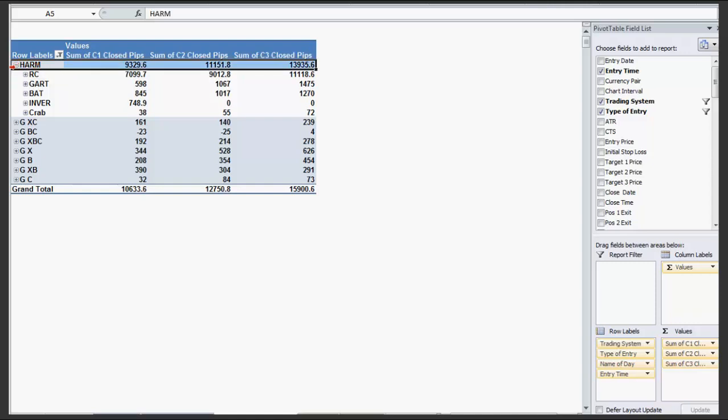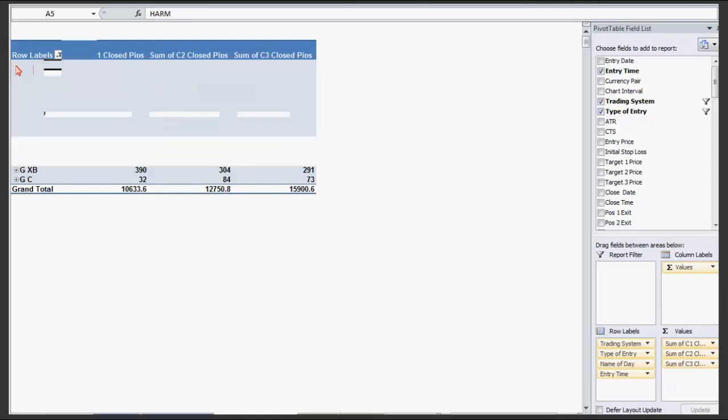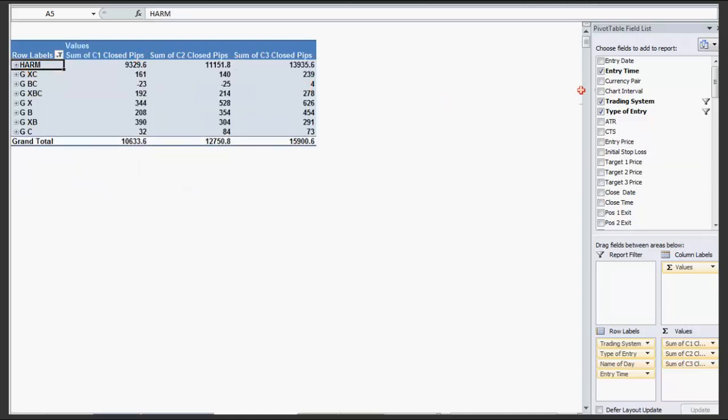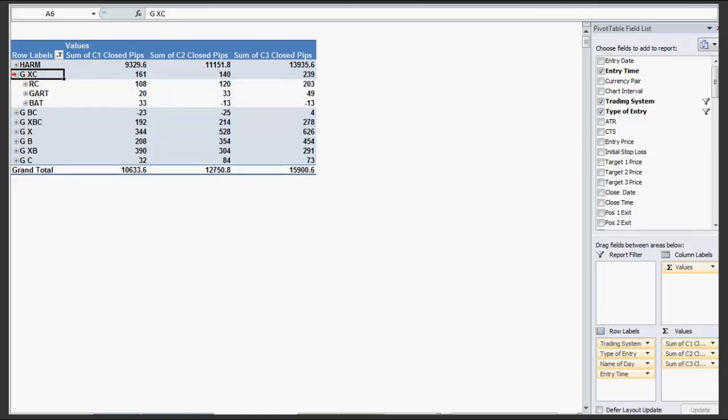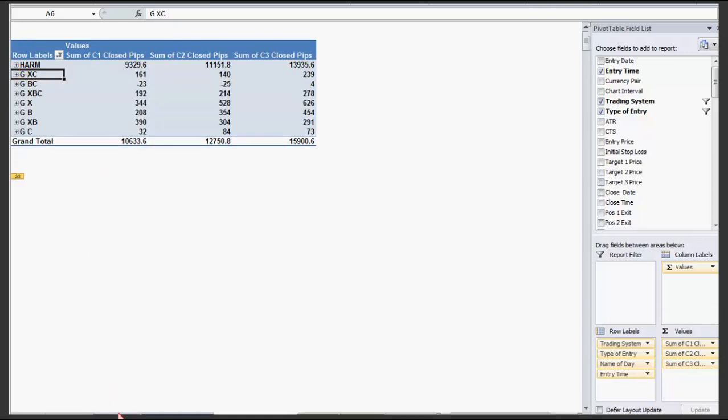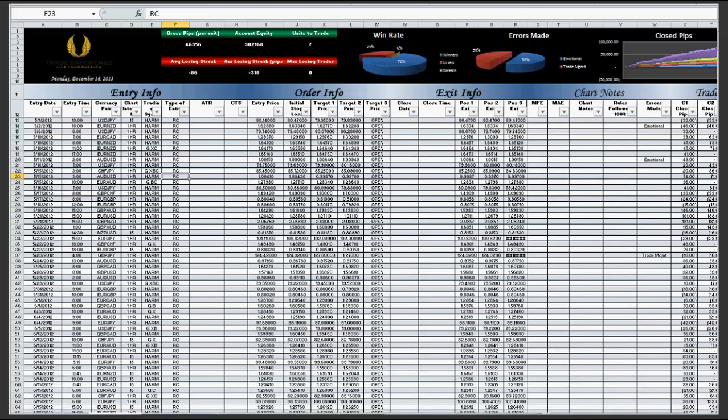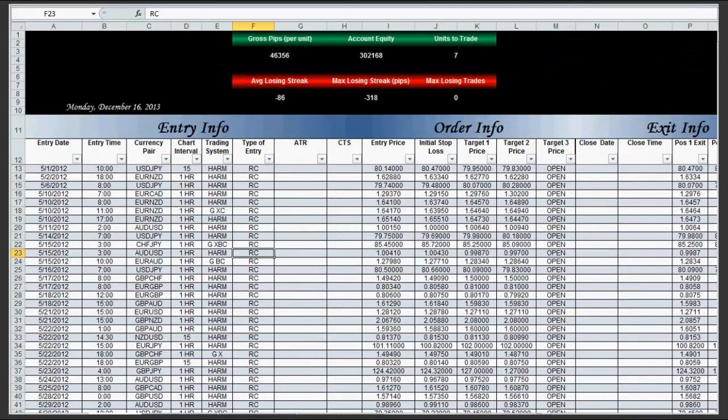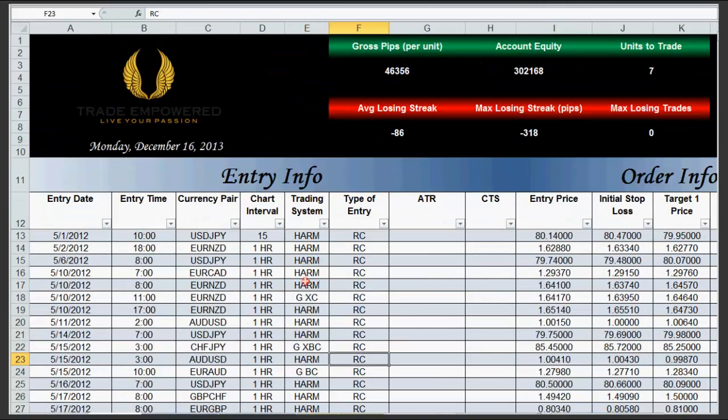Okay? So I have here, these are the different types of trades, okay? So if I go back here to my backtesting sheet, I'm going to zoom in here. Here are the different trading systems, okay?